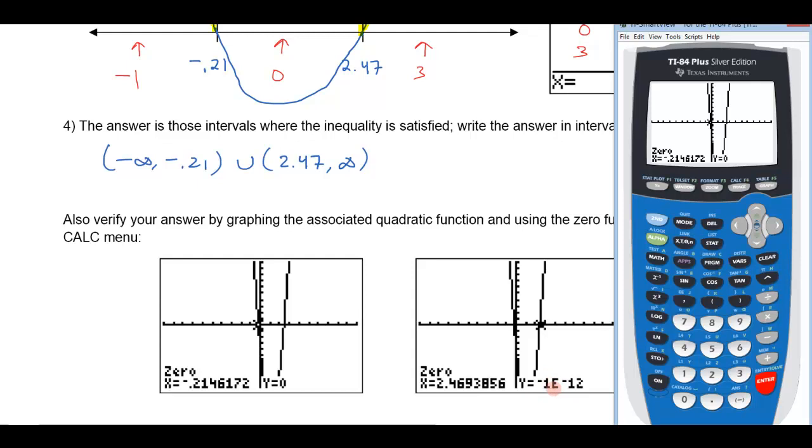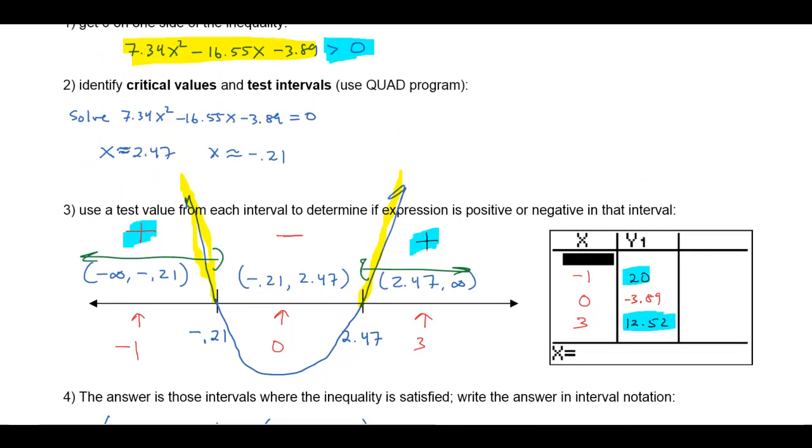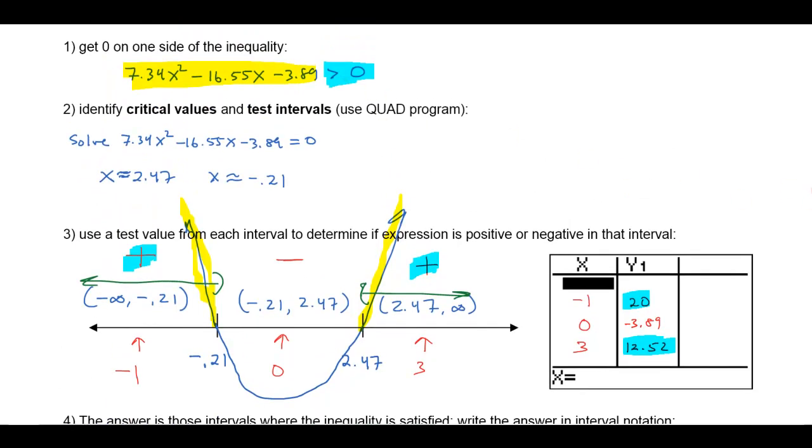This number is really a negative 0.00000000001, which is really, really close to 0. So even though it says this and you're a little confused by it at first, that's really just 0, like it is over here. All right, so with that you can see, I want to know where this parabola is greater than 0.